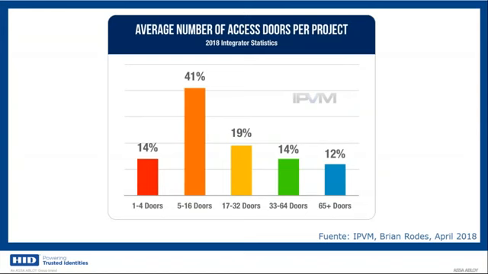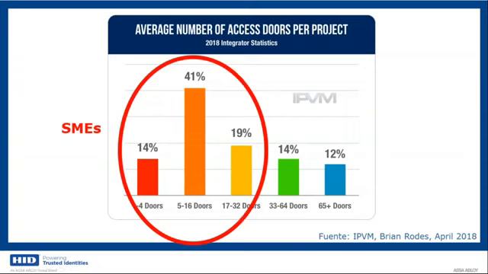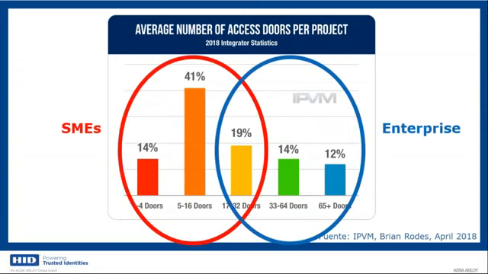For example, we can see that the biggest percentage of the total is centralized in 5 to 16 doors. So here is where small and medium businesses will be located, okay? The other ones we can talk about as enterprise solutions, and they have more than 65 to 70 doors.